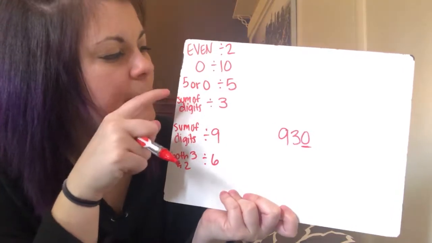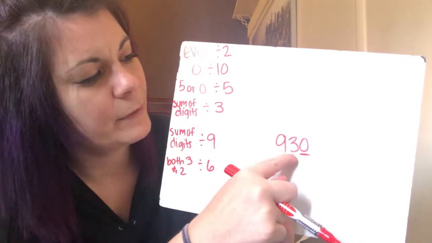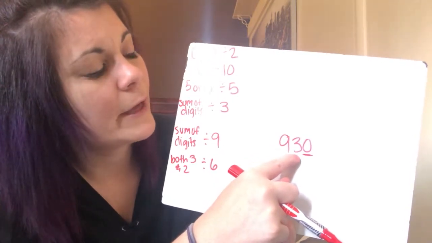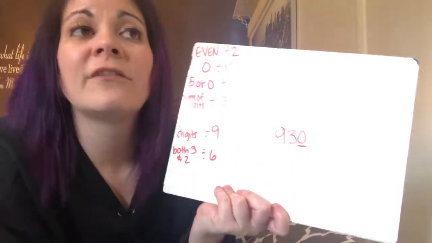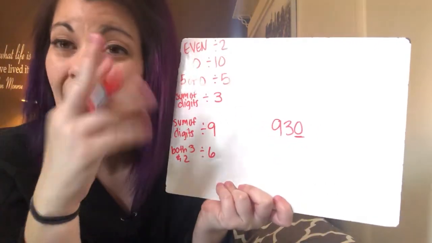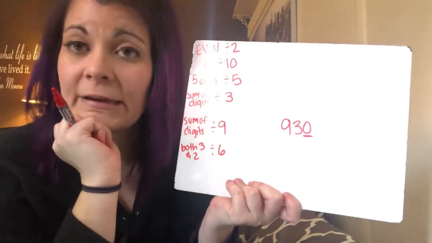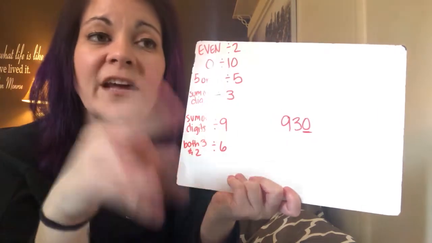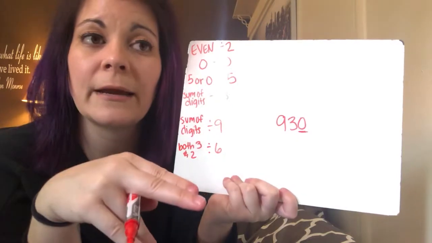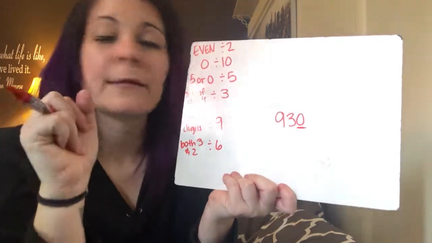Now let's check the divisibility rule for 3. The sum of its digits is divisible by 3. 9 plus 3 is 12, and that is divisible by 3. So this number is divisible by both 2 and 3, which means it's also divisible by 6. If you check the rules for 2 and 3, and they both are a yes, then it's also divisible by 6.